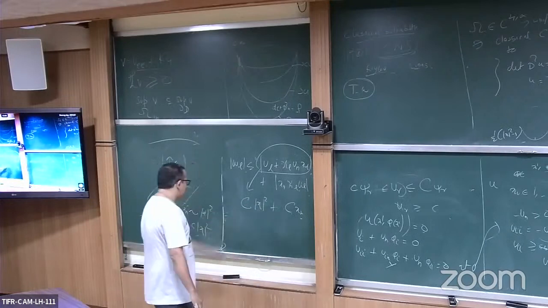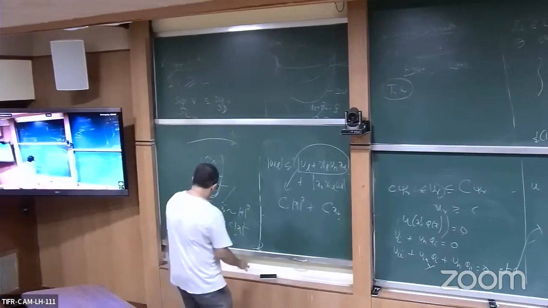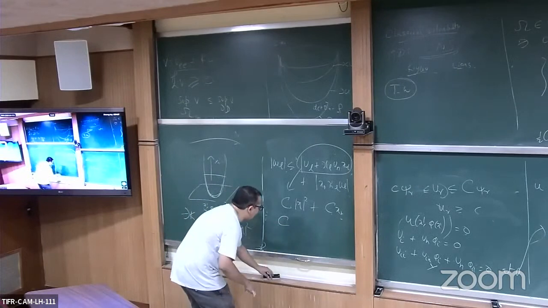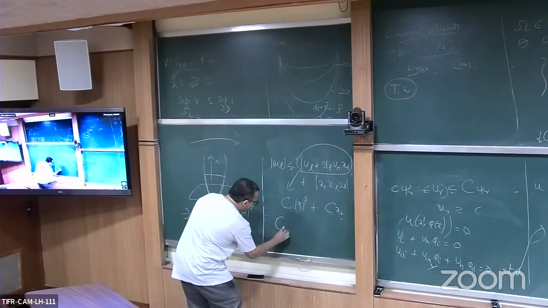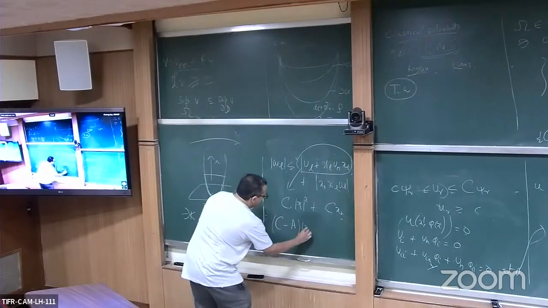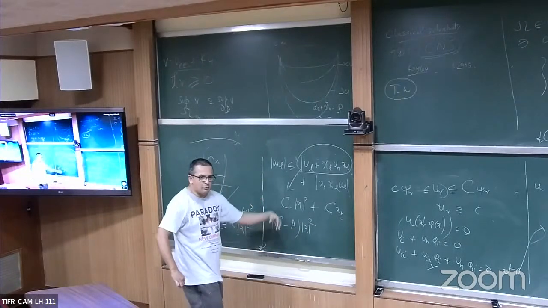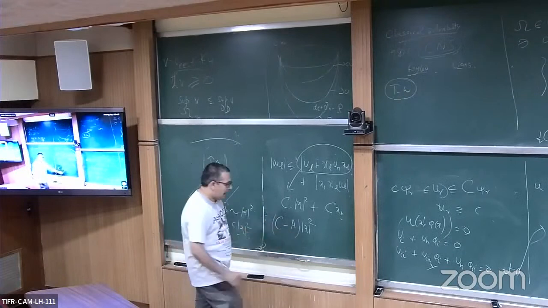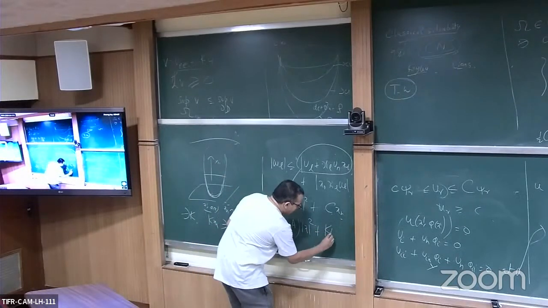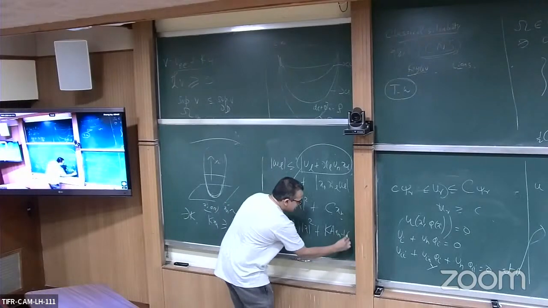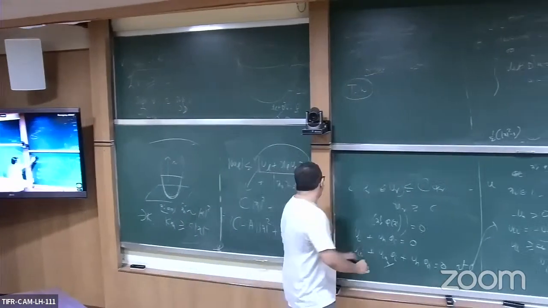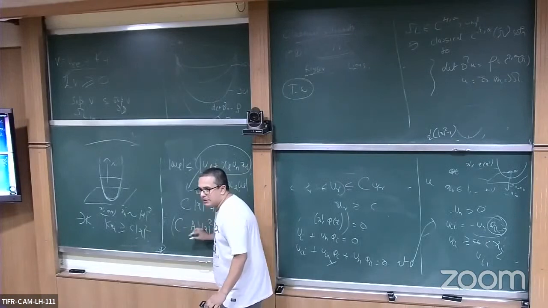Now here is the trick that I do. I write it as c times, I take a large a, that I make it negative. So I make it like c minus a mod x square. But in order to compensate the negativity, I need to add plus k of a xn. So this balances out, and then there is a c xn. You will see why, because this is what will give me the barrier from the other side.